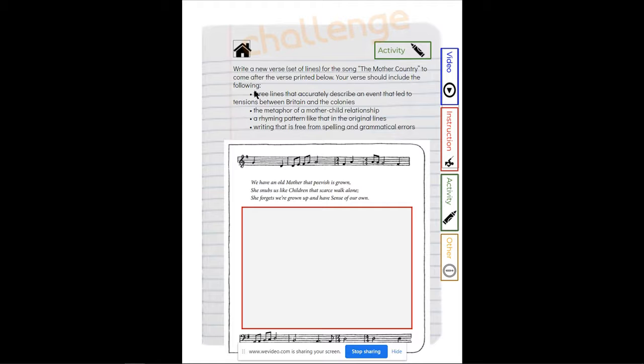Your verse should include the following. Include 3 lines that accurately describe an event that led to tensions between Britain and the colonies. Include the metaphor of the mother-child relationship, a rhyming pattern like in the original lines, and writing that is free from spelling and grammatical errors. So if you're really looking for a challenge and you think that this time in history is fascinating, I really encourage you to take on this challenge activity.